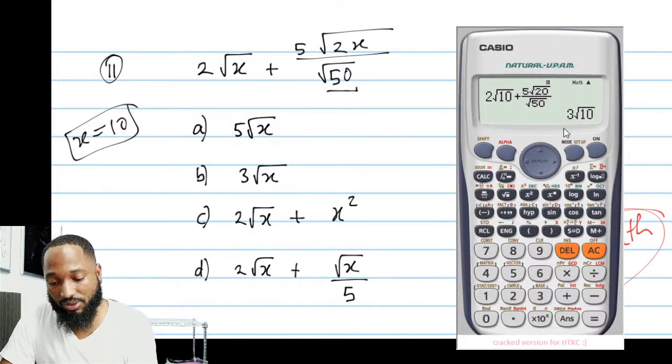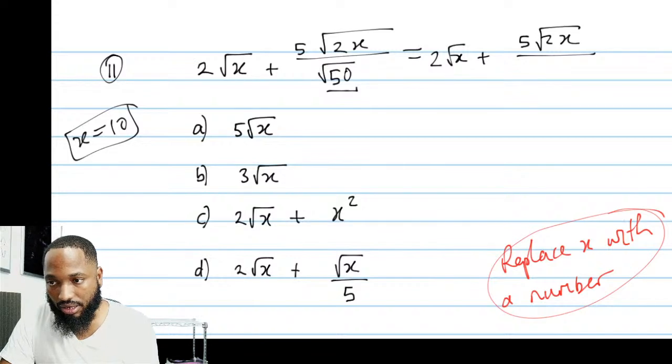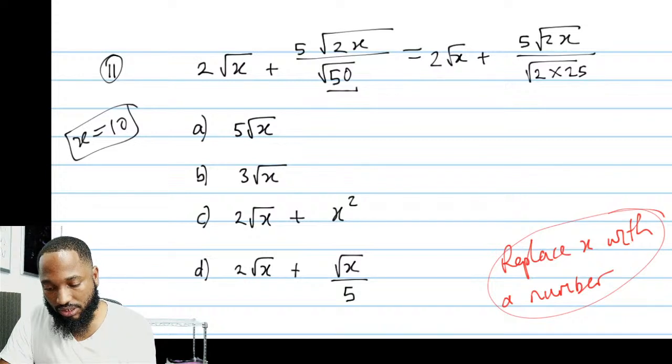Now the way to actually do this is you'll have 2 root x plus 5 by root 2 by x over, instead of square root of 50, we'll have square root of 2 times 25. So this is going to be 2 root x plus 5 square root of 2.